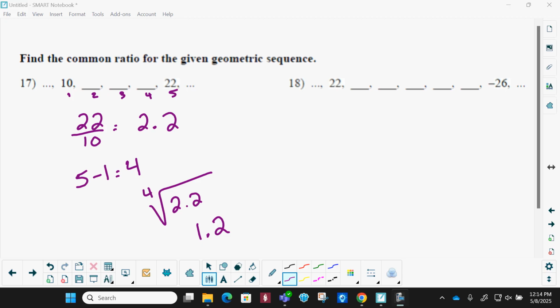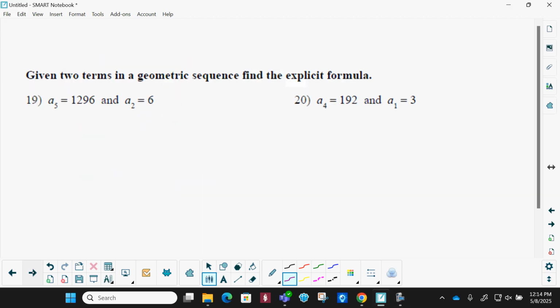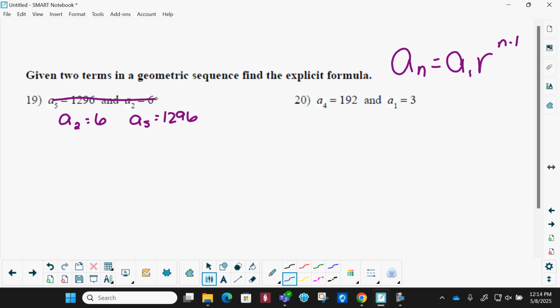Okay, so now let's move to the next one. We want the explicit formula. So remember the formula is a_n equals a_1 r to the n minus 1. So we have to find our r value. You want to be careful here. It's a little sneaky. These are not in order. So a_6 and a_5 is 1296. Okay, we want to put these in order. So now we have to find that r.